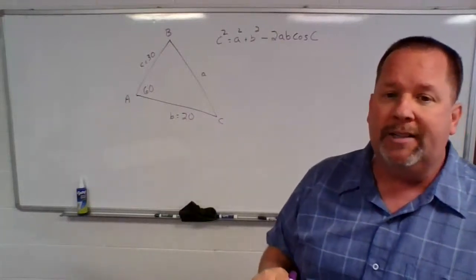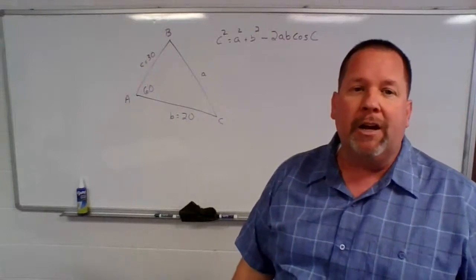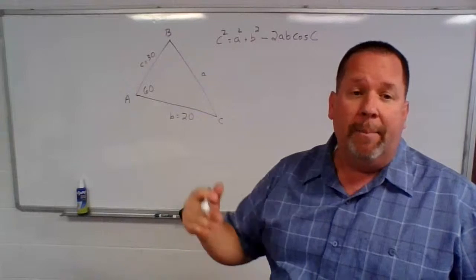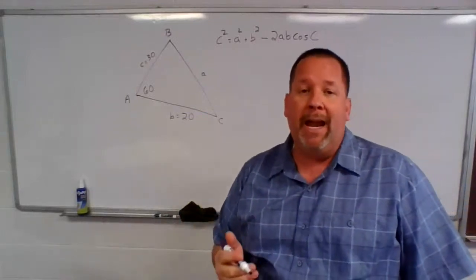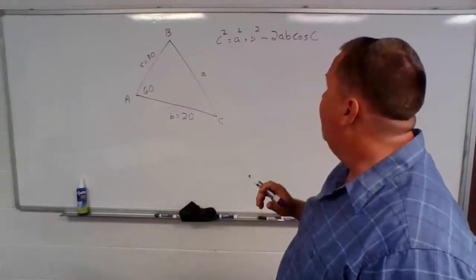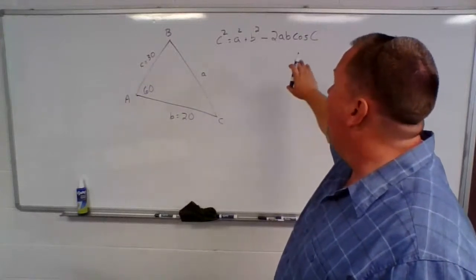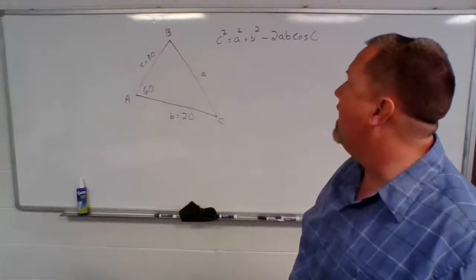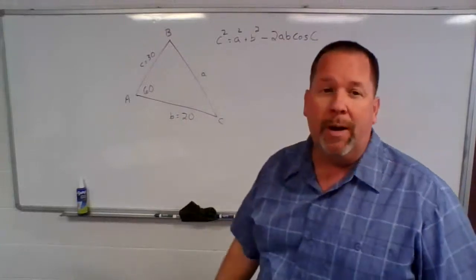The good news for us is you'll be able to refer to your notes. I'm not going to require you to memorize it. I think when you do the problems over and over, you may naturally memorize it. But for now, let's just look at that. That's going to help us solve when the law of sines was not going to help us. I also want to point this out.